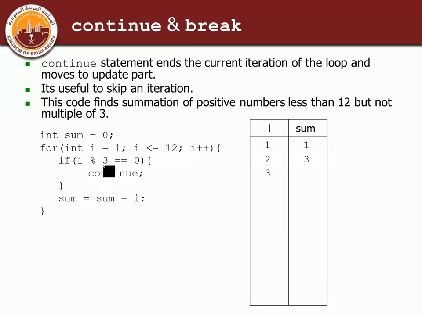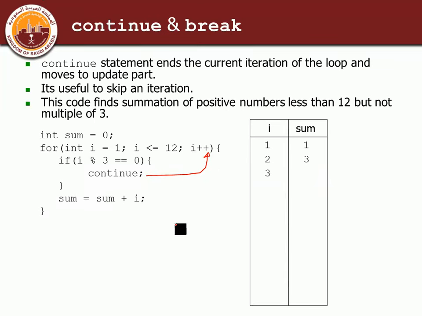Now for 3, let's get inside. Is 3 less than 12? Yes. 3 mod 3, is it equal to 0? Yes. You have 3 cars to give to 3 people. What is left? Nothing, 0. So it's 0, and when it's 0, look what happened. I'm going to execute this continue. When I'm executing continue, what would happen?